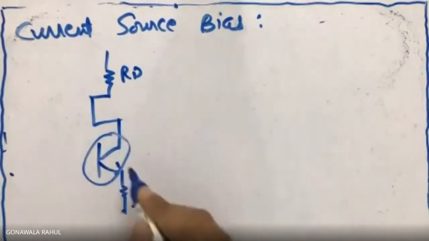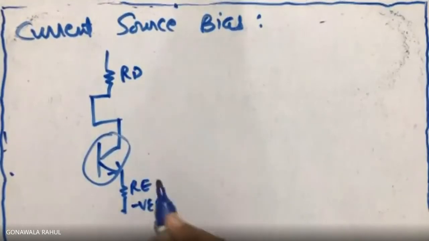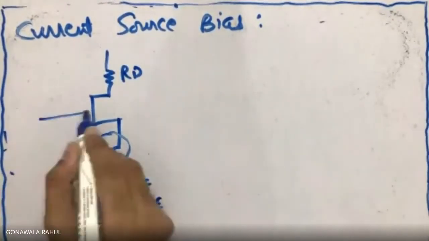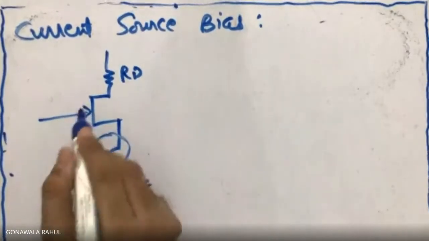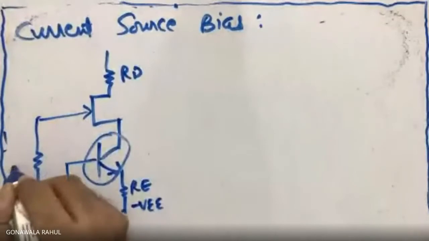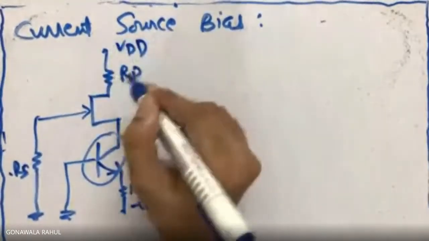This is the BJT, our NPN transistor. This is RE. Okay. This is grounded at the gate. This is the base and this is the gate. At the source we have RS. Okay. Here VDD is connected.